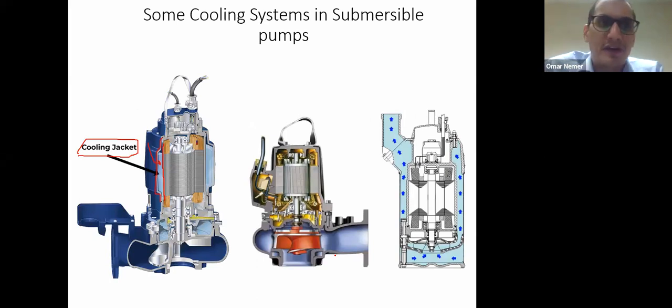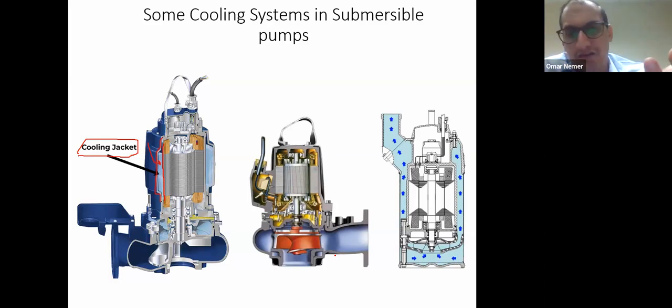For example, some types of pumps which use a cooling jacket, not always, sometimes have an internal small impeller. This is specific. It's not the same impeller as the pump. It's an internal impeller specific to the cooling liquid to make it circulate.